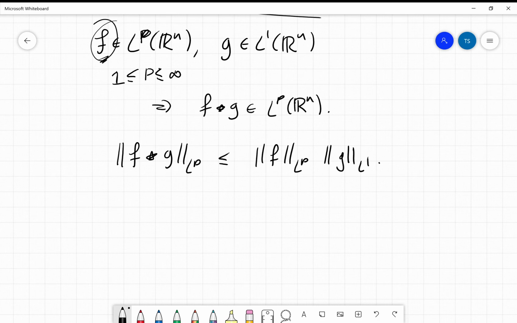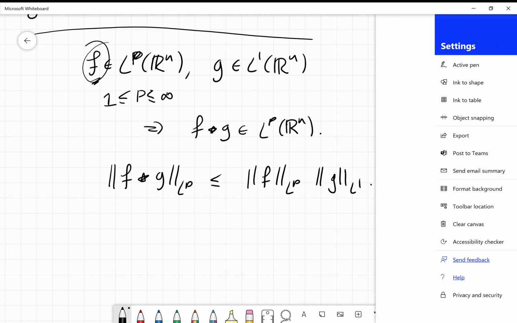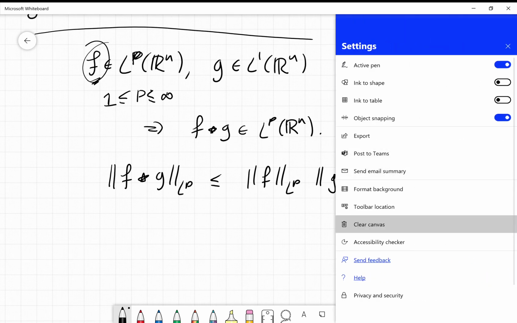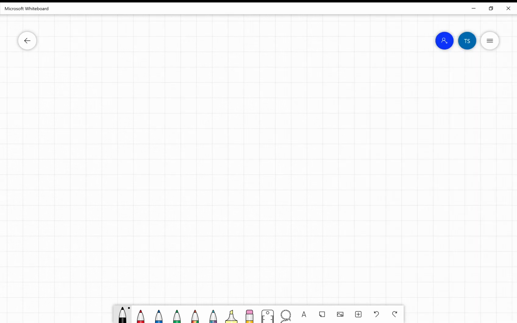Okay, so then we get to this idea of good kernels, which is very important. So let's quickly talk about it. The motivation would be something like, if we imagine the fundamental solution to the heat equation, where you put a Dirac delta and you let it evolve in time. That turns out to be a good kernel.